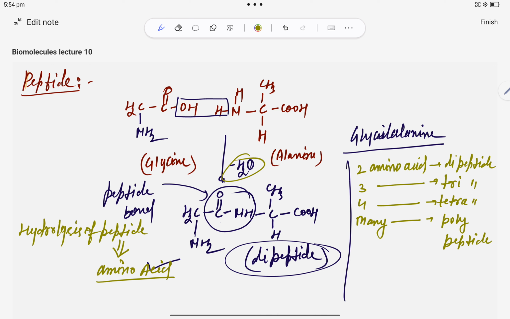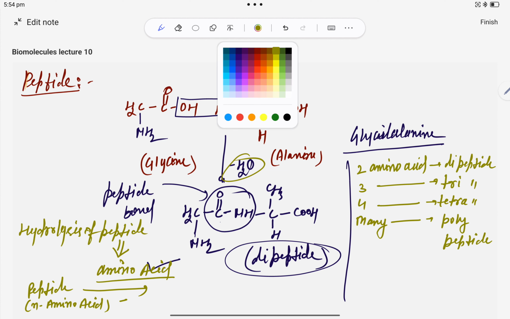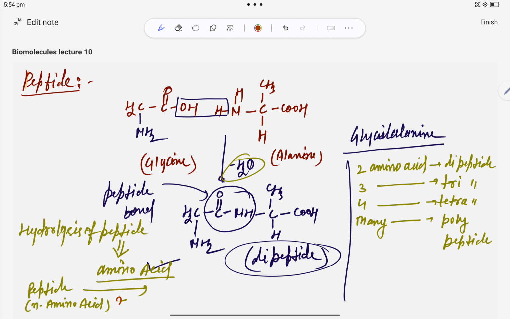Okay, so you can write here: peptide of n amino acids connected, and if you are using n minus 1 water molecules, then n amino acids are formed.